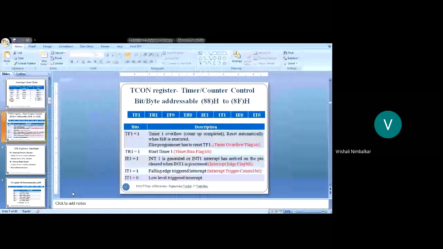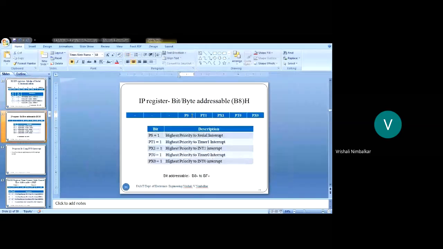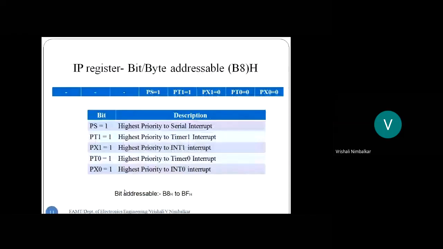For example, if I am setting the PS bit as well as the timer 1 bit, whereas the other bits are 0. If I write the control word like this, set the serial priority as well as the timer 1 priority, so I have set two priorities, and the other priorities remain as default.